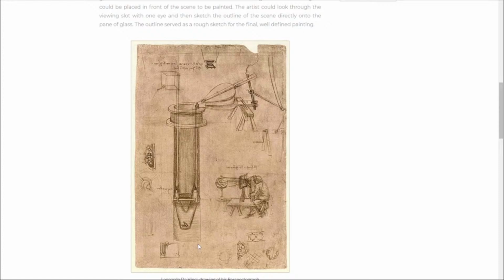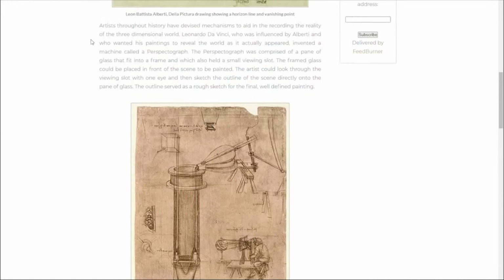Slowly, artists tried to discover how perspective works. This machine, you can read here, was invented by Leonardo da Vinci. He called it the perspectograph, and you can see here there is a stable wooden thing with a hole on it, and the artist has to look through that hole.